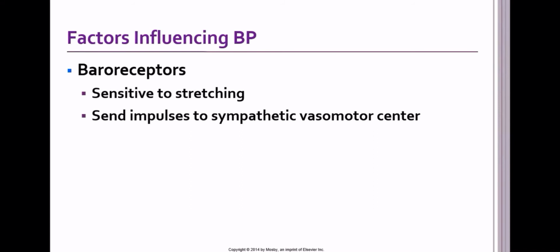They are sensitive to stretching, and when stimulated by an increase in blood pressure, send inhibition impulses to the sympathetic vasomotor center. When a fall in BP is sensed by the baroreceptors, the SNS is activated. The result is constriction of the peripheral arteries, increased heart rate, and increased contractility of the heart.